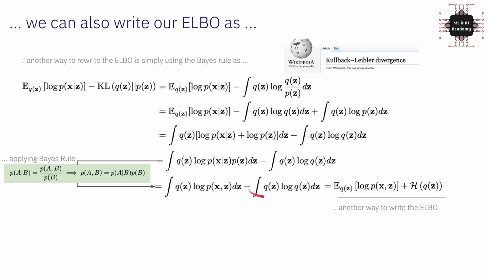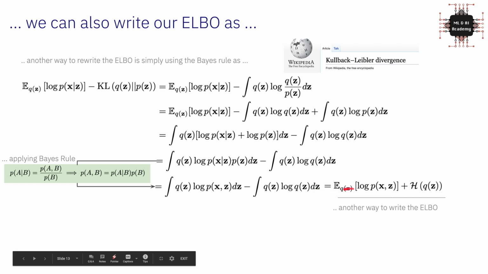That minus integral is nothing but the definition of the entropy. So this is another way we will write the ELBO, and the reason we did that is because we are going to continue with our Bayesian mixture model that we were describing, and we will need this equation in order to derive the update rules.